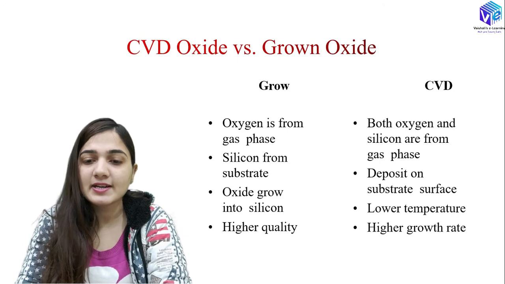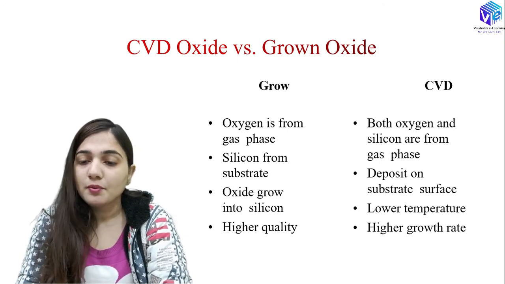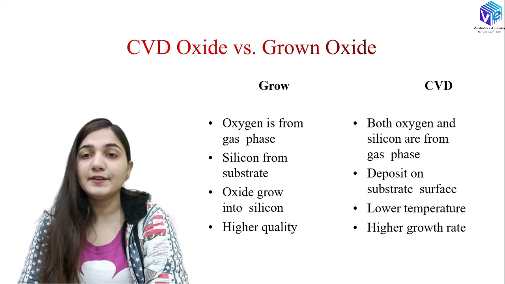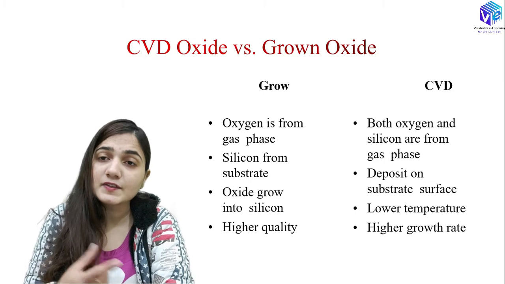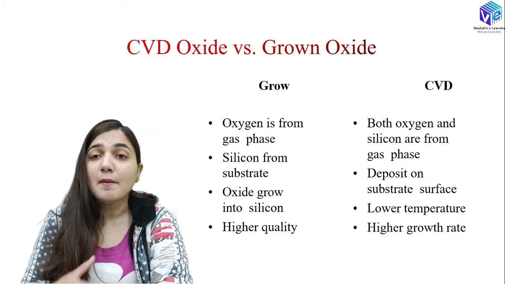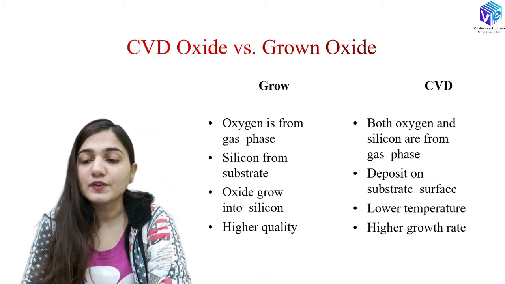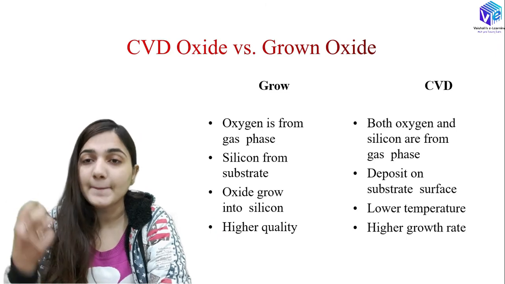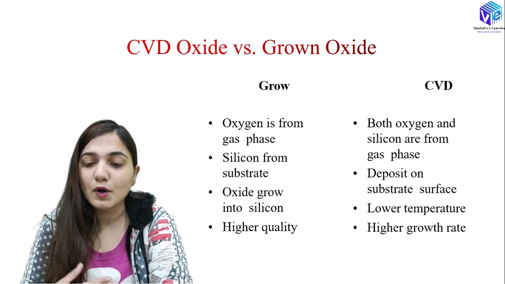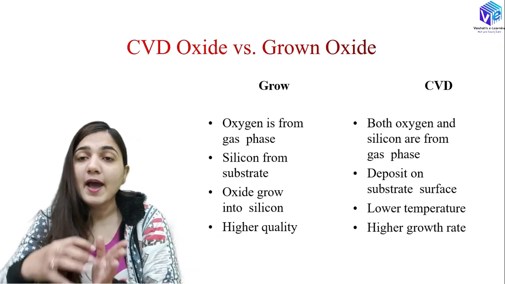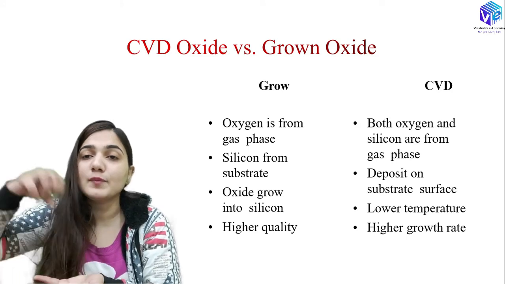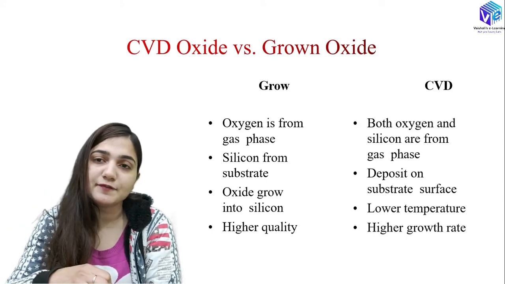So let's see in detail what is the difference between the CVD oxide versus the grown oxide. If I have the grown oxide, only oxygen is coming from the gaseous phase. But in CVD, both oxygen as well as silicon are coming from the gaseous phase. So here I am not consuming silicon from the substrate.